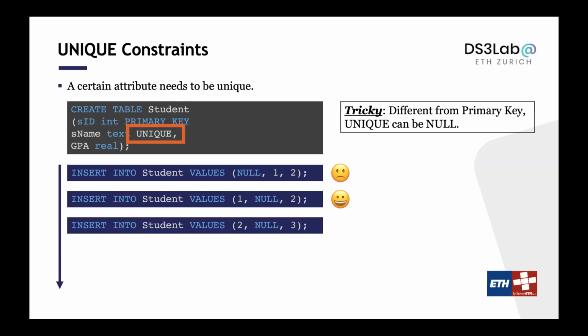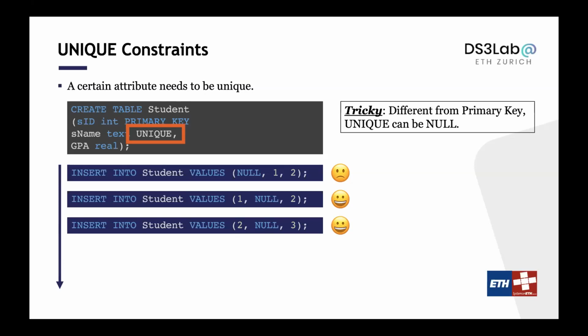Two null values are different. If you insert this tuple, even though both tuples have a null value on student name and you have a unique constraint on name, it is okay, because you don't know how to compare two null values.